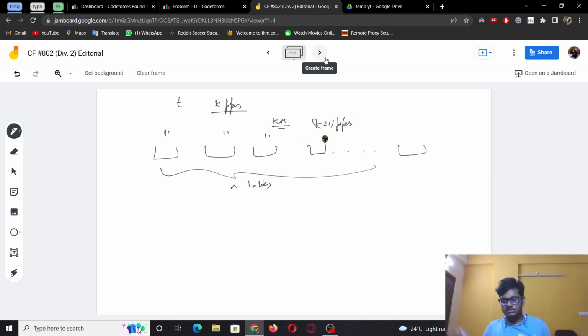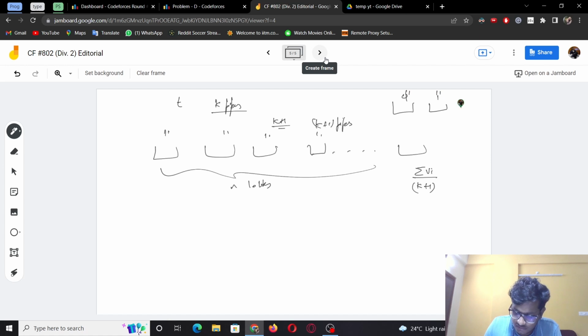Now, as an intuitive approach, if someone asks you this question, your answer might be directly sigma vi by k plus 1. However, we can see that this fails easily, even for k equal to 1. And even if we take something like 4 in the first one and 1 in the second one, and we take 2 pipes, you'll think it's 4 plus 1 equals 5 by 2, which gives you 2.5.